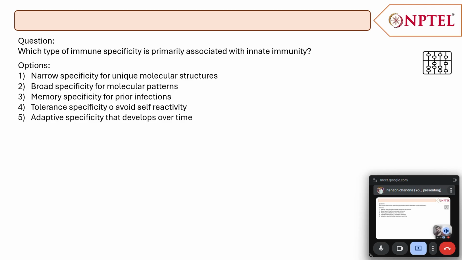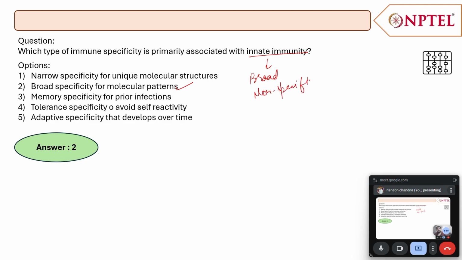So the correct answer is option number two, that is broad specificity for molecular patterns, because innate immunity is actually broad or non-specific. So it will depend only upon the molecular patterns that are present on the pathogen. So that will give us the immunity and its types.